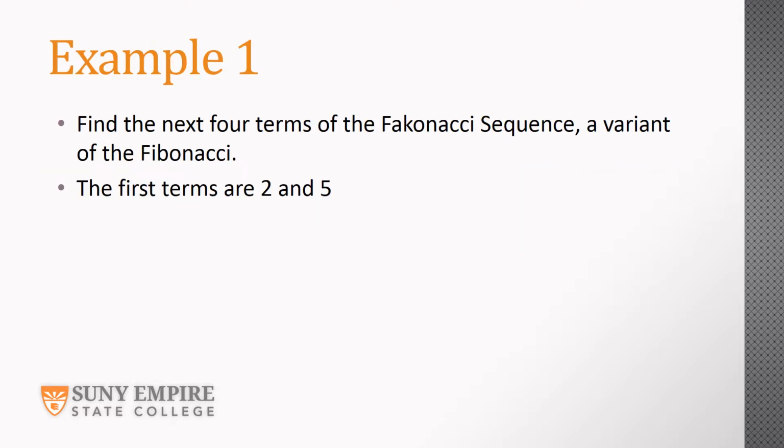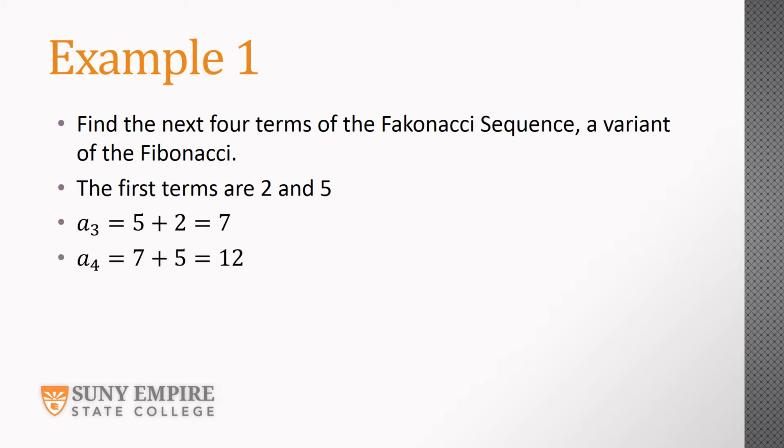Suppose we want to find the next four terms of a variant of the Fibonacci sequence. It has the same definition for the terms, but it starts with 2 and 5 instead of 1 and 1. The third term is the sum of the first two terms. We add together 2 and 5, and the third term is 7.